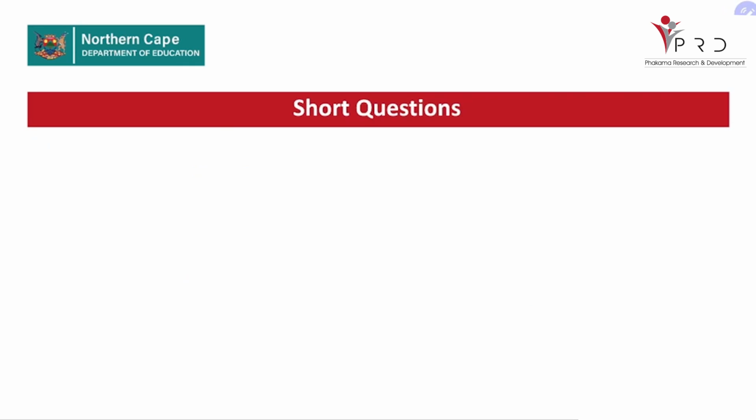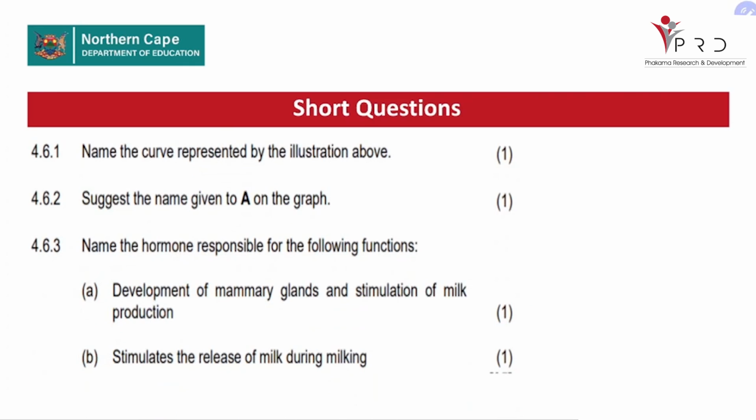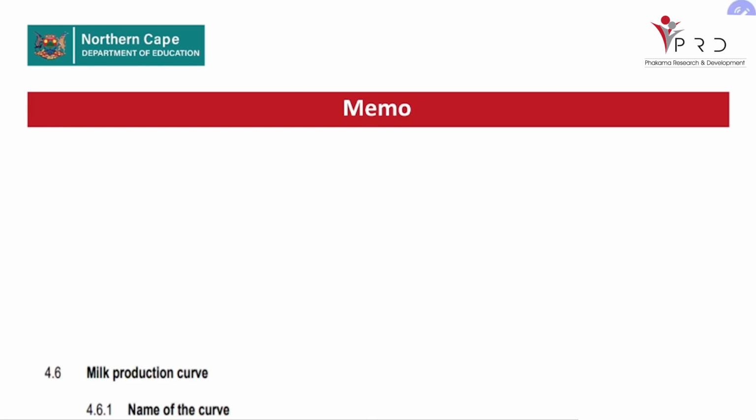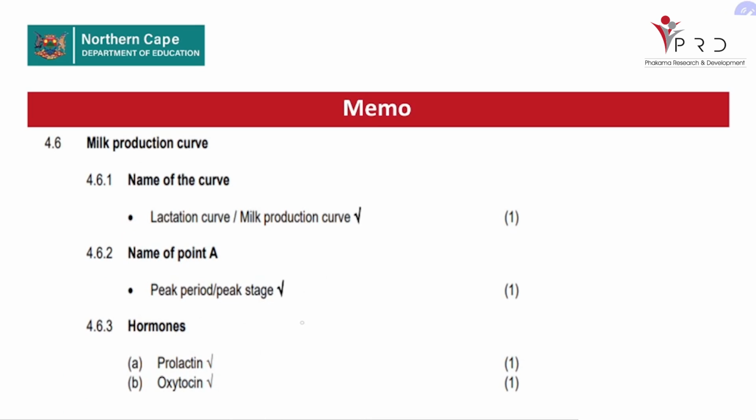A is the peak period. Name the hormone responsible for the development of mammary glands and the one that stimulates milk production. The one that stimulates milk production is prolactin. The one that stimulates the release of milk, which means your focus must be on release, is oxytocin.